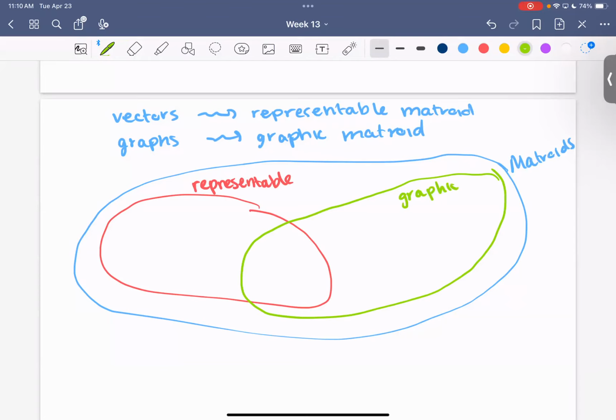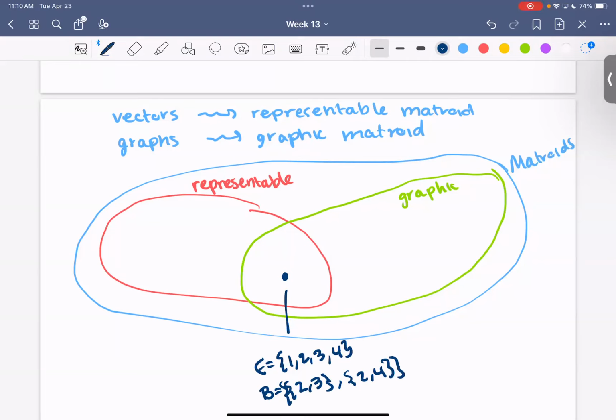And the example that we've been looking at sits in here, right? So this one that was like 1, 2, 3, 4 with the bases 2, 3, and 2, 4. So we saw that it was both representable and graphic.